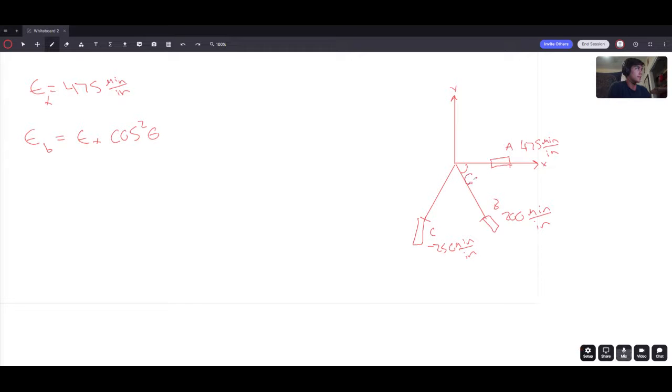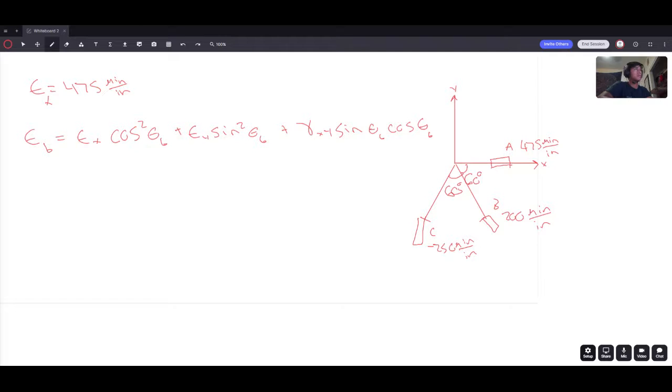That's going to be 60 degrees, but since it's going clockwise, it's actually going to be negative 60 when I plug it in. Then C is 60 degrees from that, so that should be negative 120, but we're not there yet. That's B. And then plus epsilon Y sine squared theta B, plus gamma XY sine theta B cosine theta B.